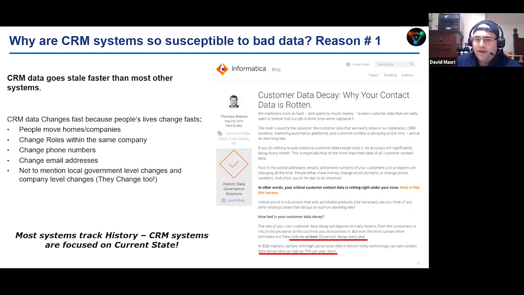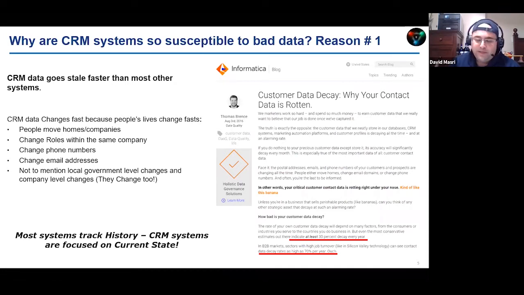That means every year, 30% of the data in your CRM system becomes outdated for no other reason than the world moved and your CRM system wasn't updated. And in some high churn industries like technology, that can be as high as 70% a year, right? So CRM data goes stale incredibly fast.